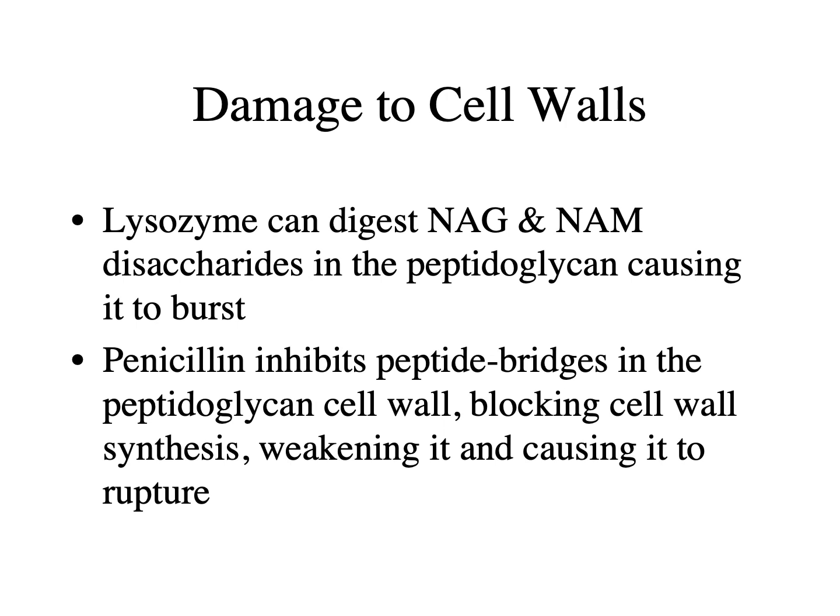When it destroys these peptide bonds, these peptide bridges, it's able to block the cell wall synthesis. It weakens it and causes it to rupture as well, just like the lysozyme does. So, gram-positive bacteria is very sensitive to both lysozyme and to antibiotics that target cell wall structures like penicillin.